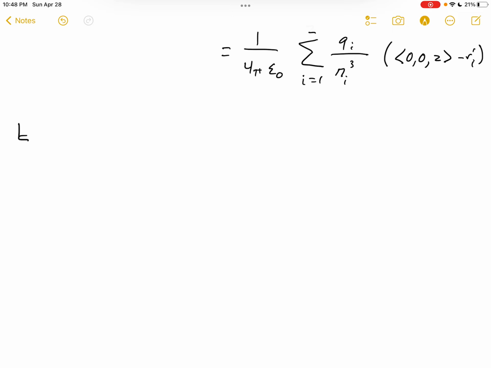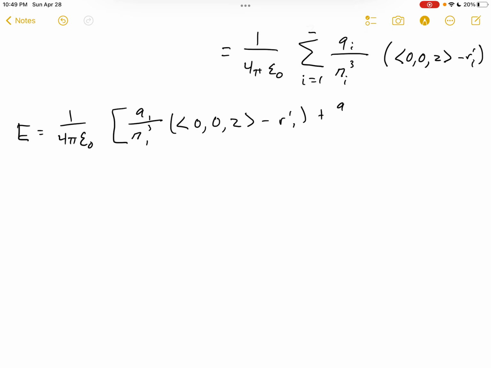So we get E is equal to 1 over 4 pi epsilon naught times our vector 0, 0, z minus r1 over the magnitude squared, plus the vector 0, 0, z minus r2.